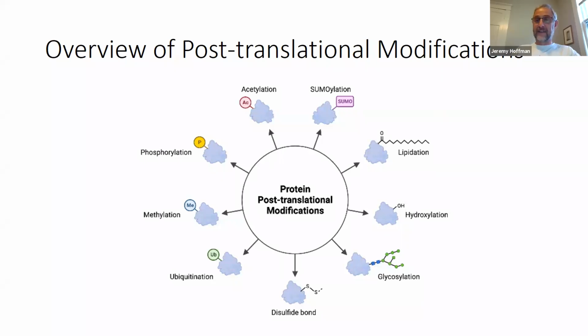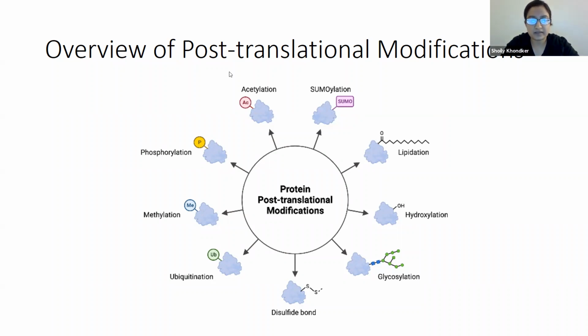Great, thanks. Okay, so I'm going to talk about post-translational modifications now. This is a step that occurs after a protein has been fully translated and folded. As you can see, there are a number of possible modifications that can take place after a protein is translated.